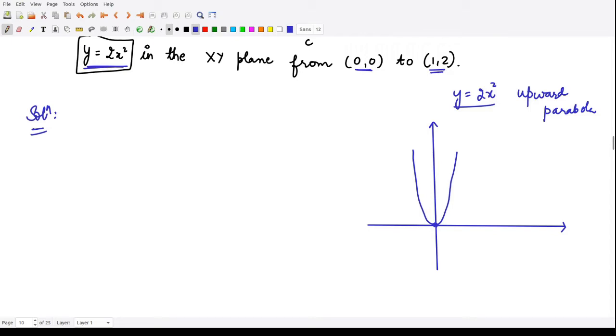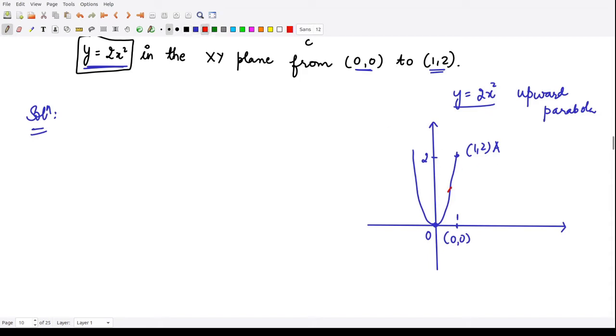So the point (0, 0) on this curve lies here at the origin, and the point (1, 2) is at a distance 1 on the x-axis and a distance 2 on the y-axis. So this point is (1, 2), and I am calling this point A. So our curve C would be from the point (0, 0) to the point (1, 2).